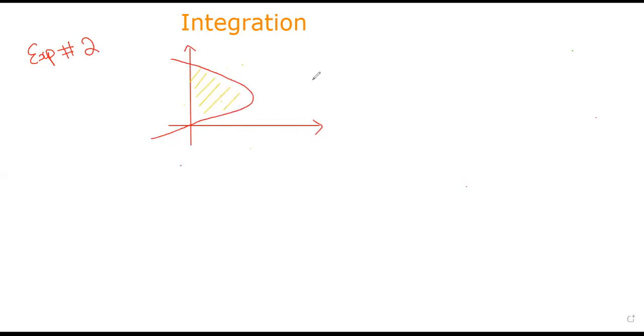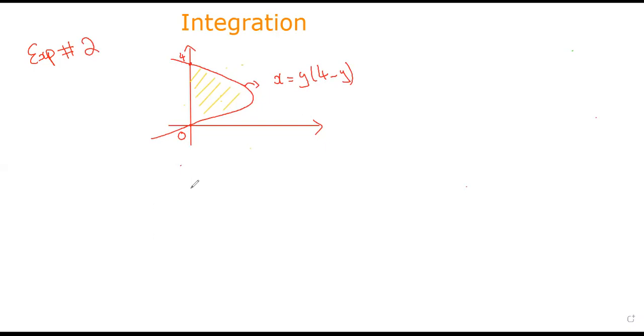And the equation is x equals y, 4 minus y, and this point is 4, and this point is 0. Okay. Now this is your question. This is the diagram, and again you've been asked to find the shaded region.